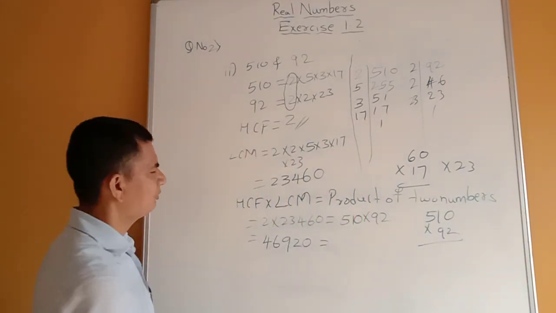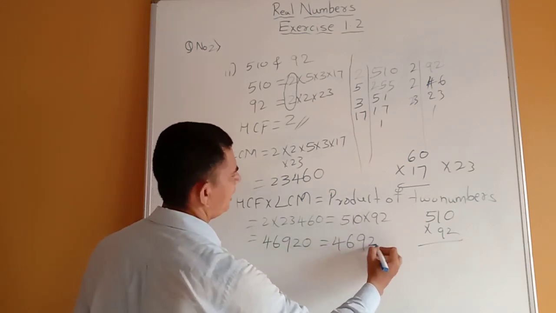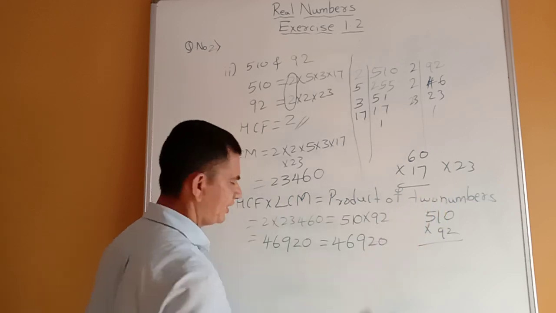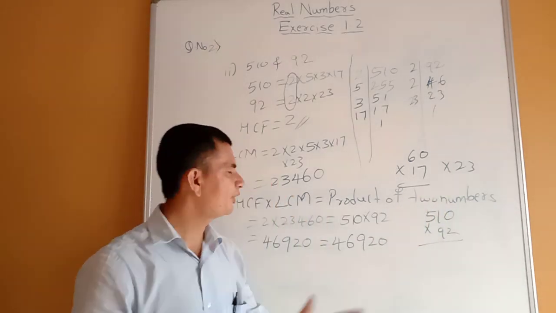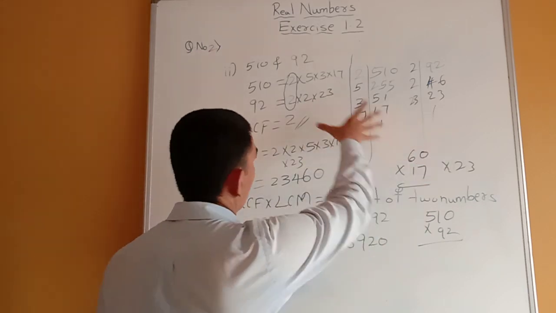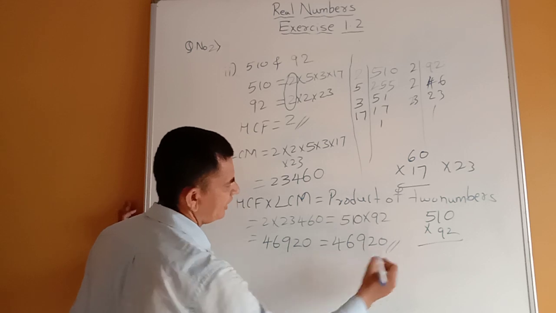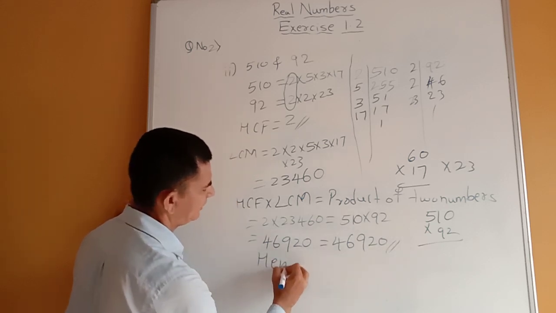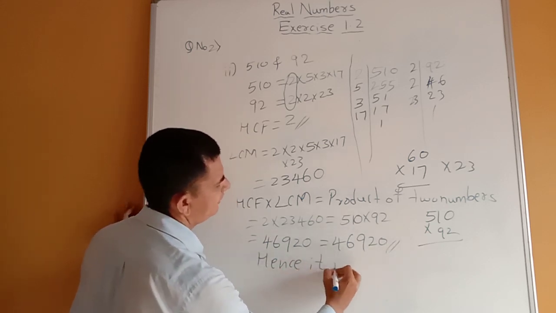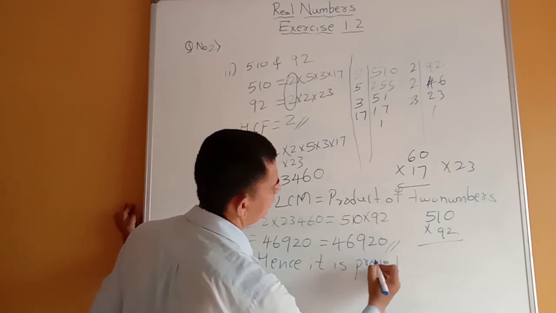When you multiply that, you will get definitely 46,920. Always I told you, you have to multiply in rough and then write. This is all rough work. These are the steps we have to follow. Now the both numbers are same, so we can write here, hence it is proved. We have proved that.